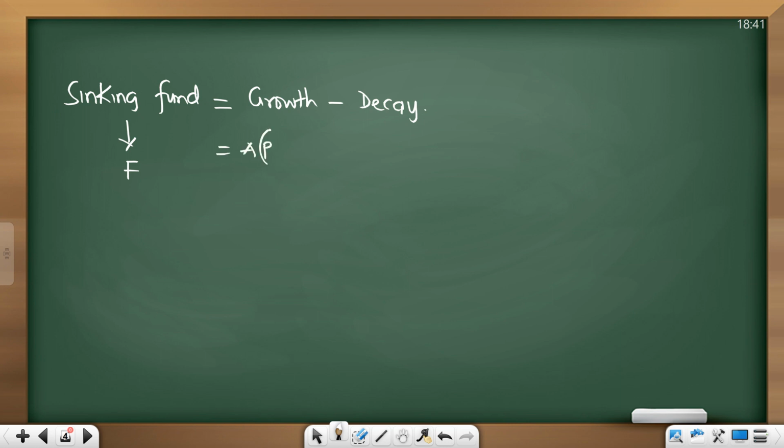A, P. What's the formula? 1 plus i to the power n, minus P, 1 minus i to the power of n. F is equal to. Right, guys? So please, that's how we get sinking fund.